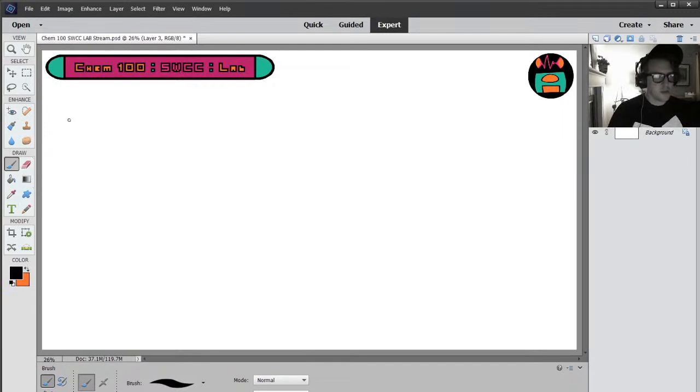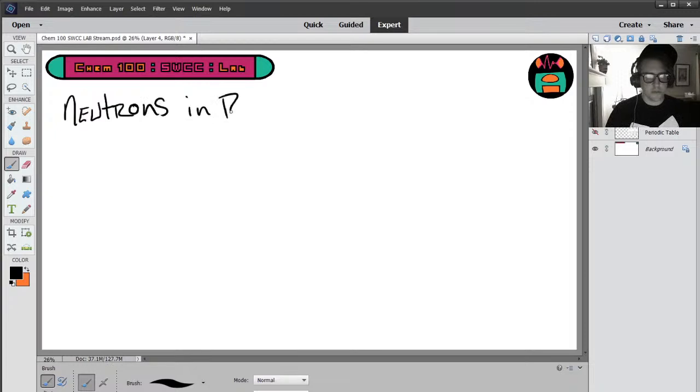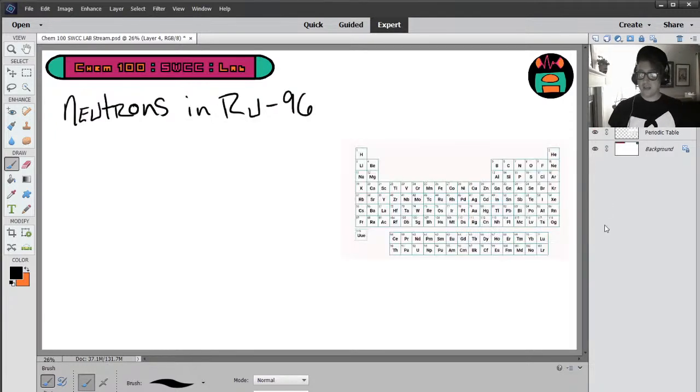All right, so we want to find the number, oops, no, let me open a new slide. We want to find the number of neutrons in an isotope of Ruthenium 96. And for this, we're going to need a little bit of help from the periodic table. The first thing I want to point out is this number.